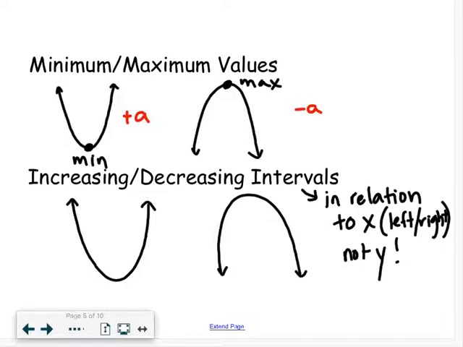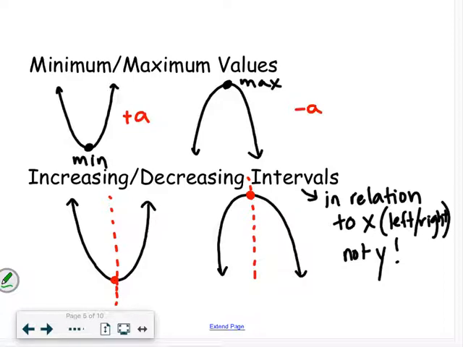Increasing and decreasing intervals are in relation to x, which is left and right, not y. And for us, there's a really important x. It's the axis of symmetry. Remember, the axis of symmetry is some x equals line. This axis of symmetry is kind of like your borderline for when your graph changes from increasing to decreasing or vice versa, because that's where your vertex is, its turning point. So it turns around and changes directions. Every time you're looking for increasing and decreasing, imagine you're a person on the left side of your graph.